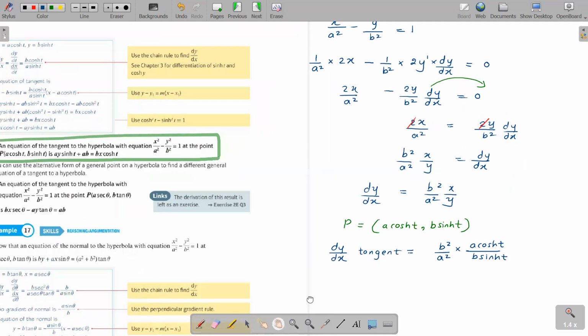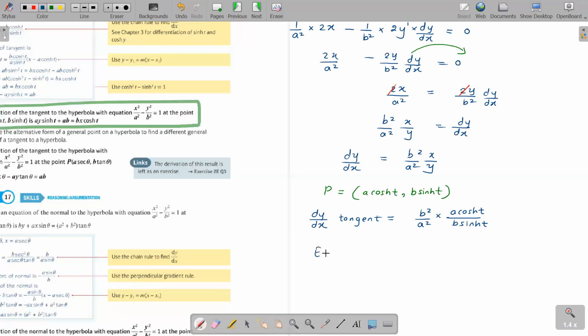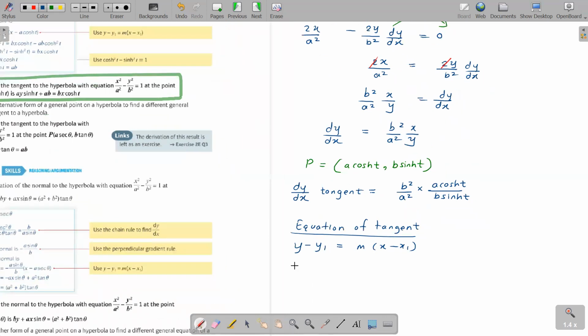Okay, so now it's time to find the equation of the tangent. We'll use the equation y minus y1 equals gradient times x minus x1. Y1 is b sin t. Gradient is b square over a square times a cos t over b sin t. I think I can simplify here, right?